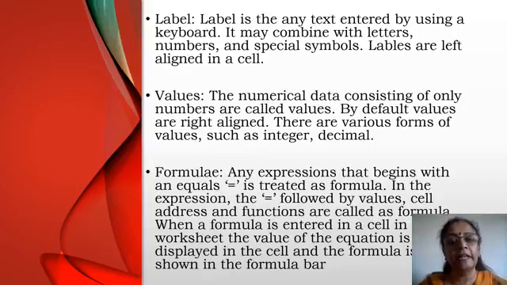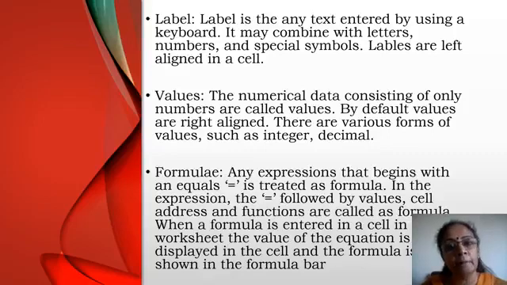Whenever a label is entered into a cell, it is always aligned to the left part of the cell. So, when a particular combination of alphabets, special characters and numbers is entered, it will be considered as a label.